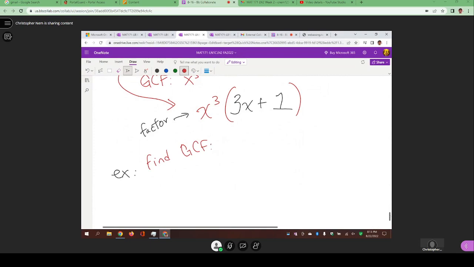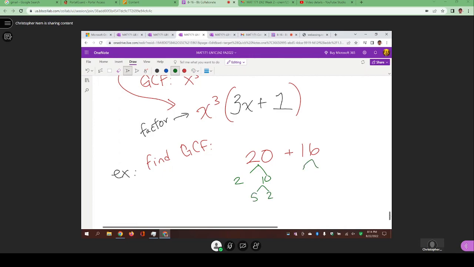Let's do 20 and 16. What is the GCF between 20 and 16? This time I didn't put any variables down. I want to break this up into something that looks like distributive property as much as possible. Well, 20 can be broken up into 2 times 10, 5 times 2, boom.